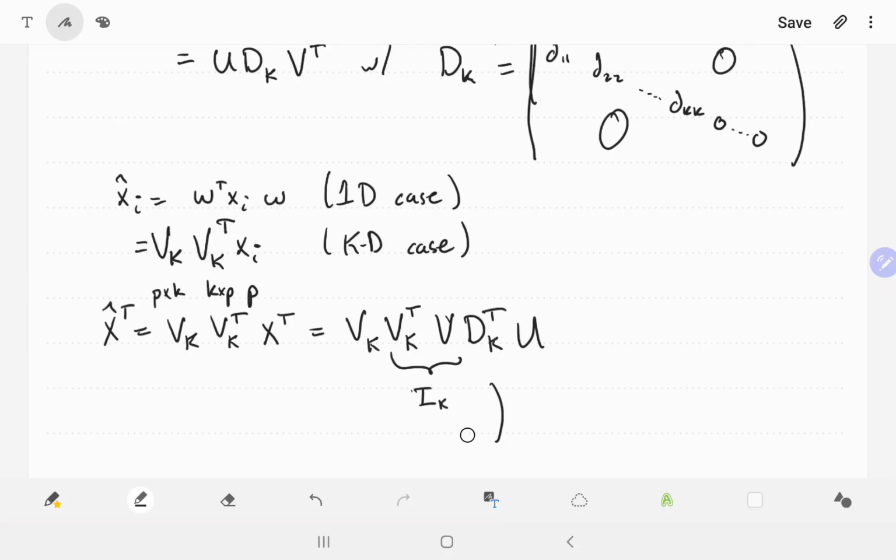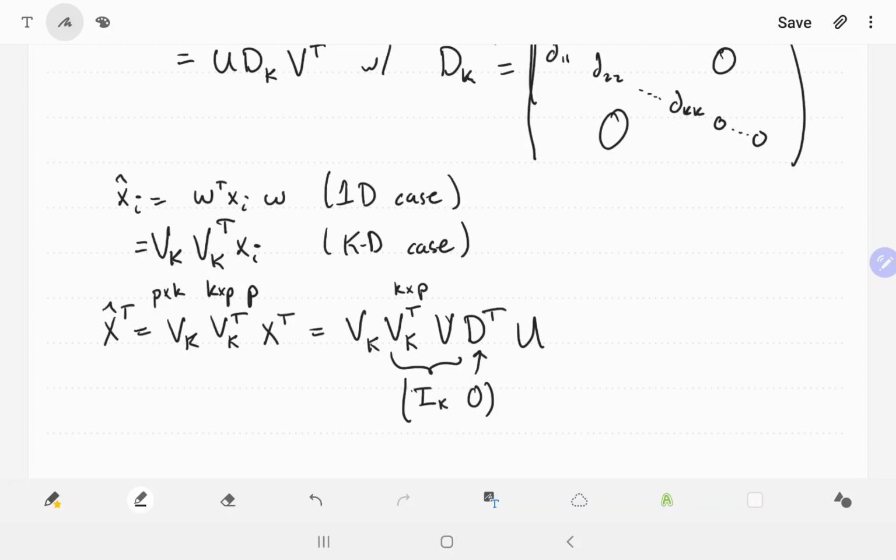And sorry, this shouldn't be square. This is going to be k by p, so it should be short and wide, with I k and zeros there. Also, this shouldn't be d sub k, that should just be d transpose because we just plugged in x there. The effect of the zeros is zeroing out eigenvalues of d.